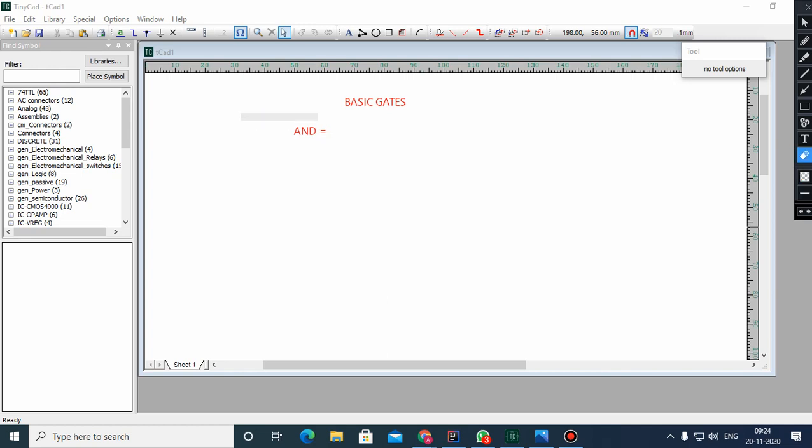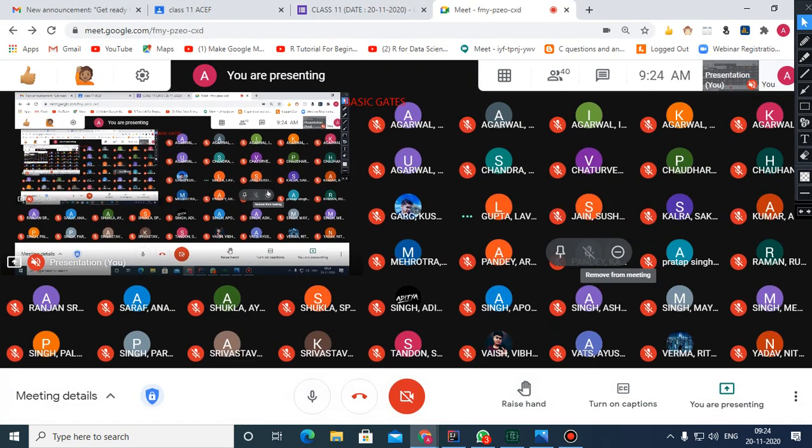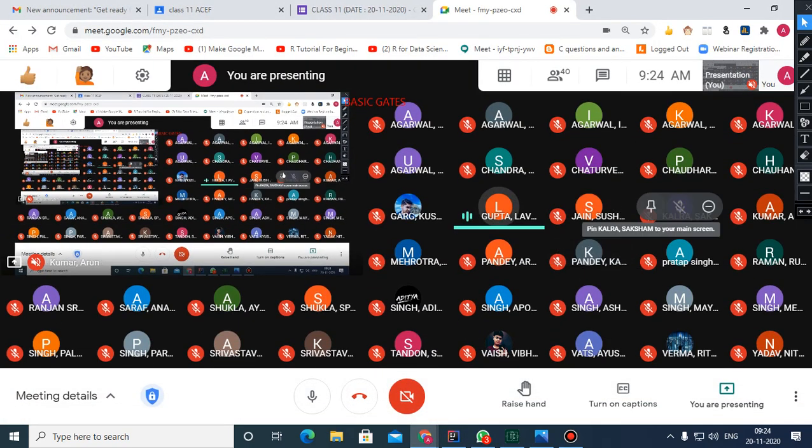You all know the OR gate? Please explain what the OR gate is. Very good. And NOT does the complement.